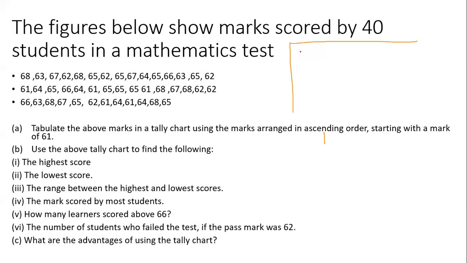Now, what are we going to do? I'm going to come to my table here. Then up here I'm going to put marks of students. The first mark they have told me to start with is 61. Then I'm going to check, do we have 62? Do we have 63? I go to 64, 65, 66, 67, 68.